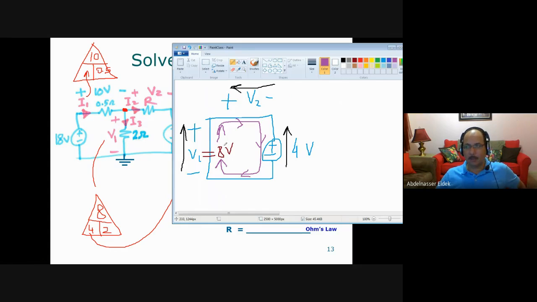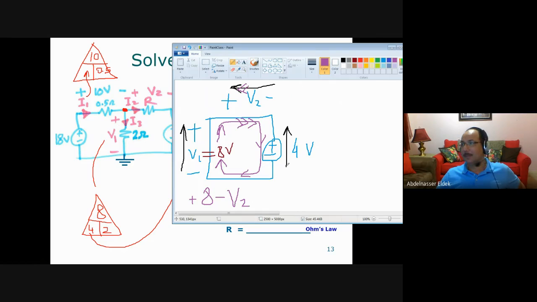Is the 8 volt clockwise or counterclockwise? It is clockwise. V1 is positive, so it is positive 8 volt. And then V2 is positive or negative? It is negative because it is opposite to the clockwise. Here's the clockwise and here's V1. It's very clear that they are opposite to each other, so it will be negative V2.